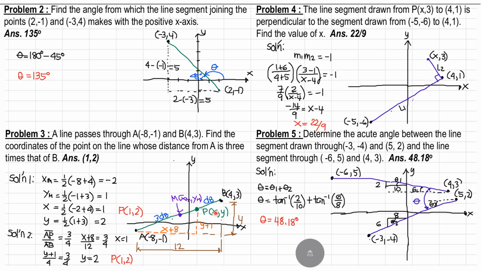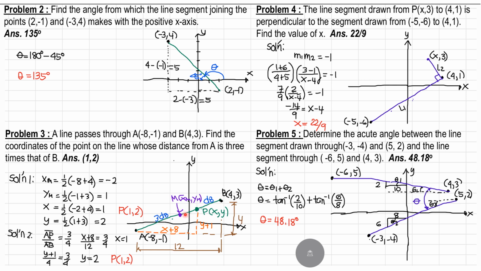Y is 1/2 of ym, which is 1, plus yb, which is 3. So 1/2 of quantity 1 plus 3 is 2. Therefore, the coordinates of the point, which is 3 times the distance from B, so its distance from A is 3 times that of B, is at 1, 2.